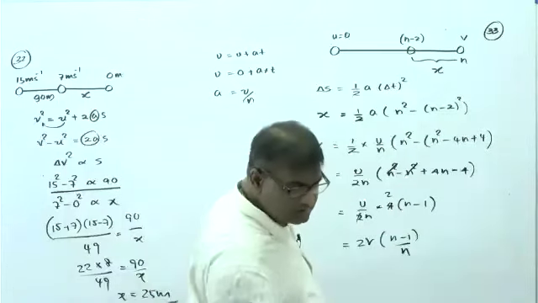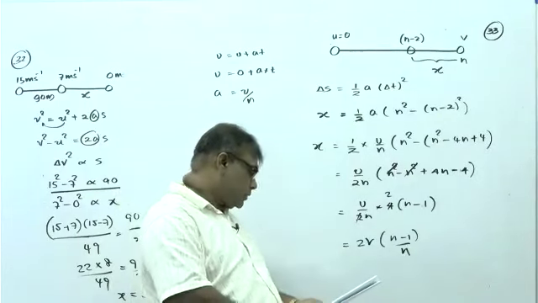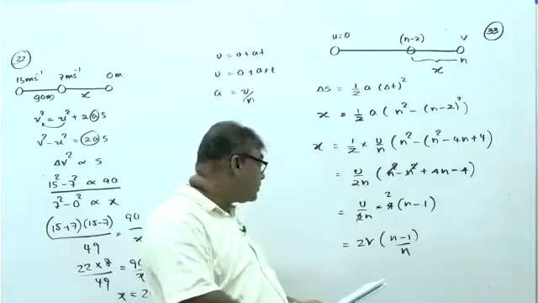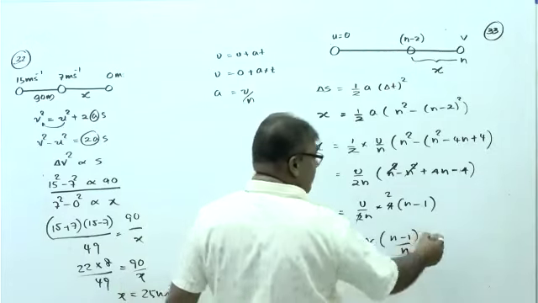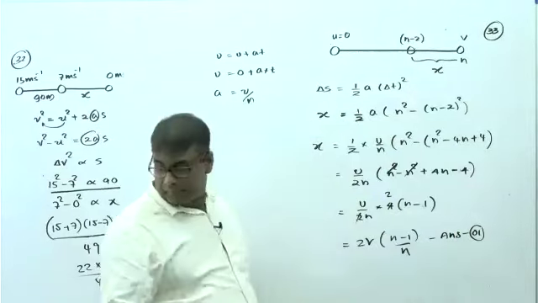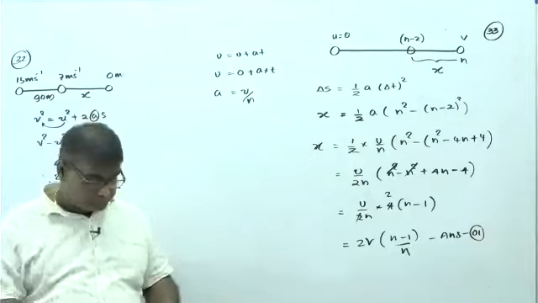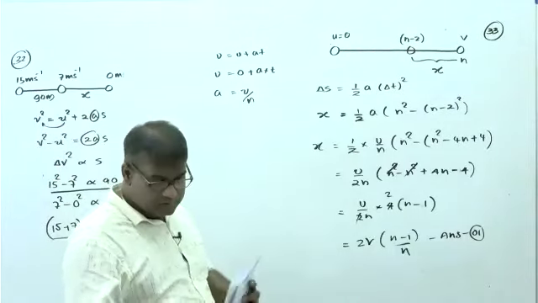Do we have the answer like this? It's 2v(n minus 1) over n. Yes. Answer is the first one. Right. Number 34. Right.